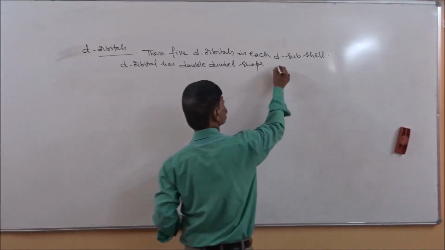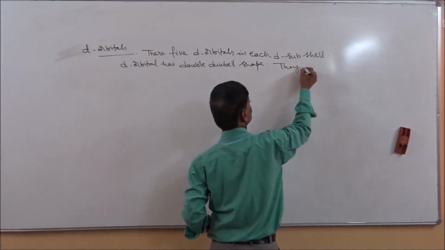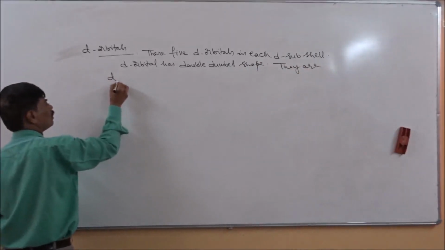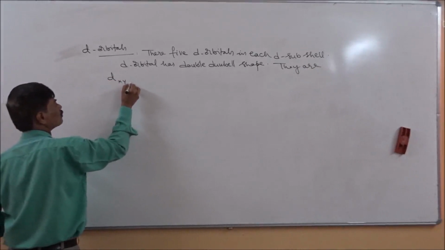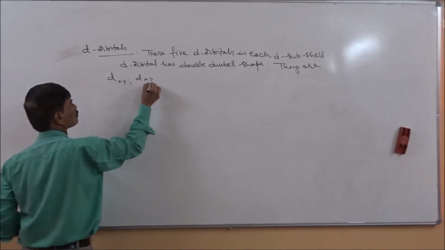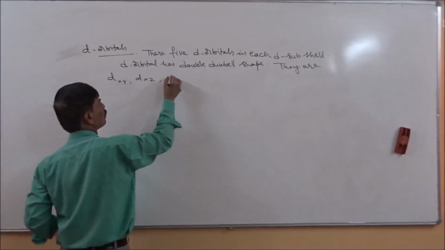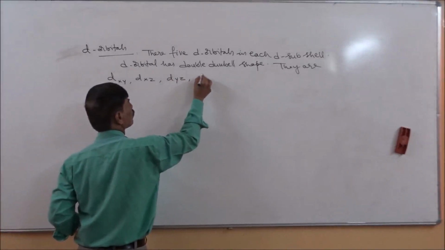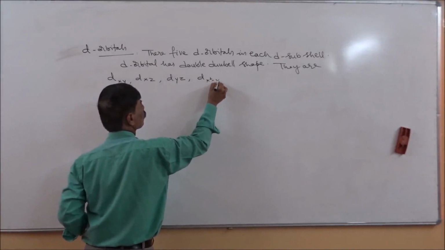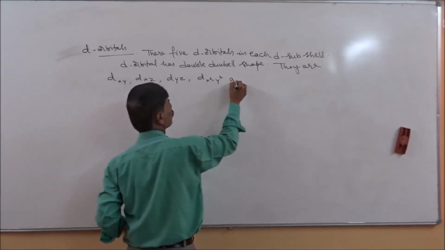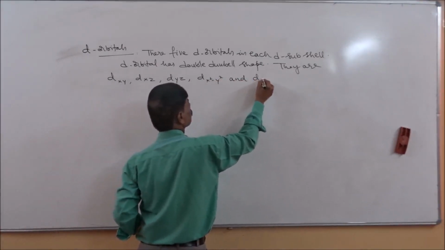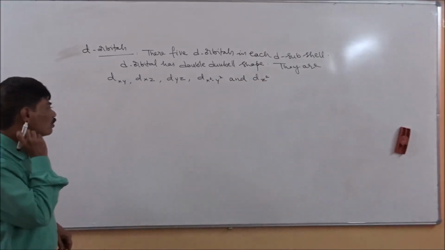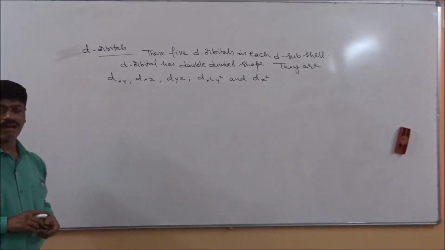They are dxy, dxz, dyz, dx square y square and dz square. These are the 5 different d orbitals.